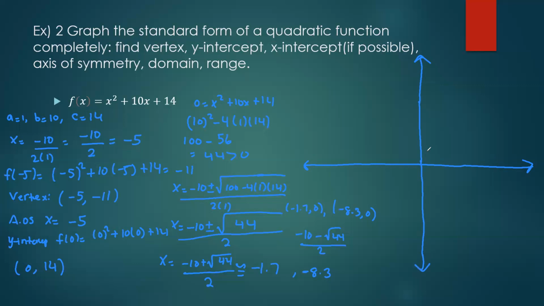Okay, so the vertex is negative 5, negative 11. The y-intercept is 0, 14.